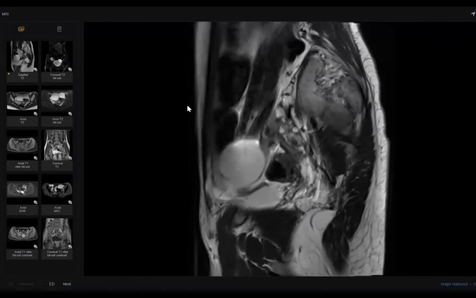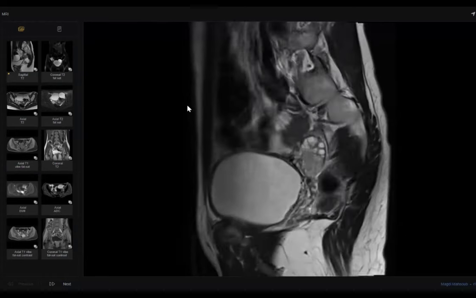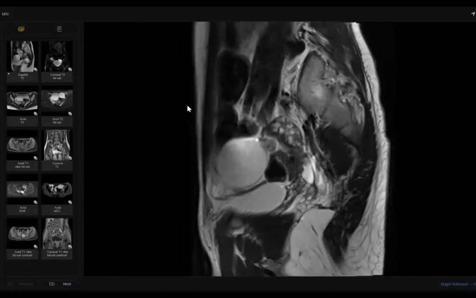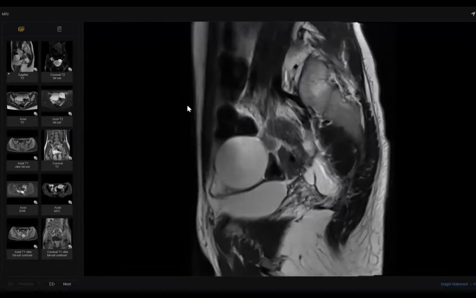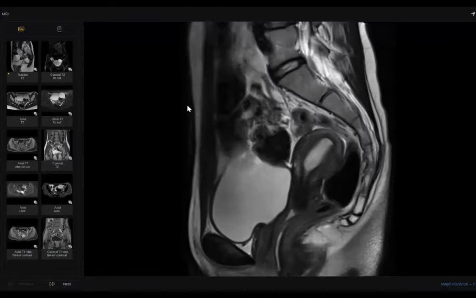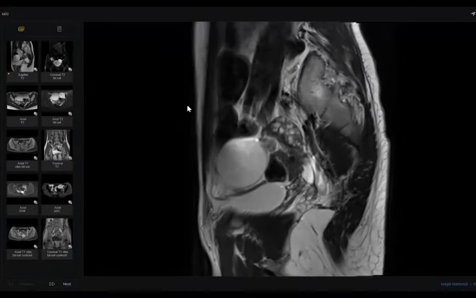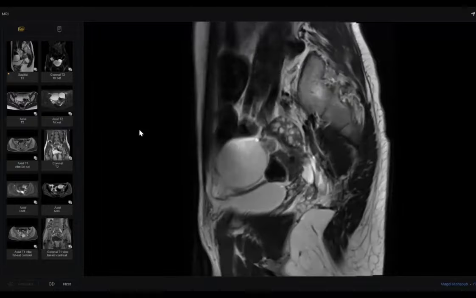But in actual T1 images, the lesion was isointense to the uterus. Still, I would consider a possibility of an endometriotic cyst because of T2 shading signs. Okay, but see what happened for this cyst.